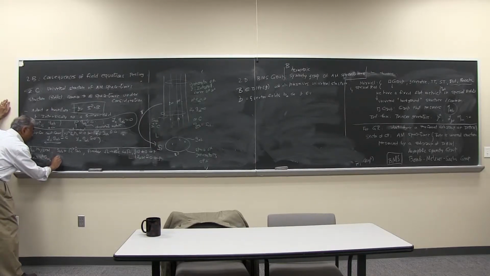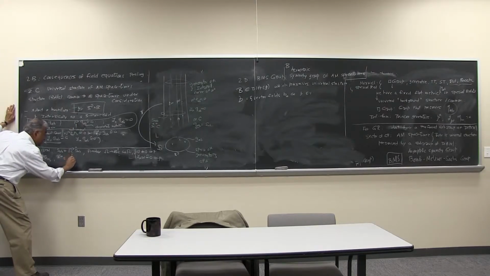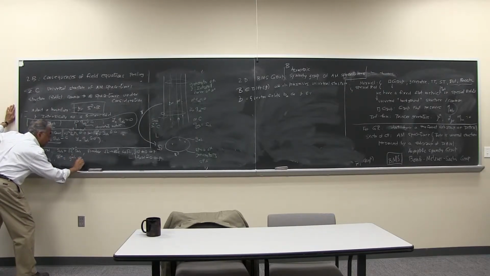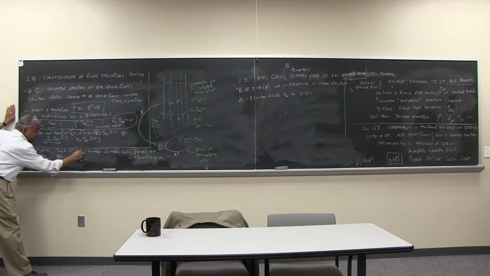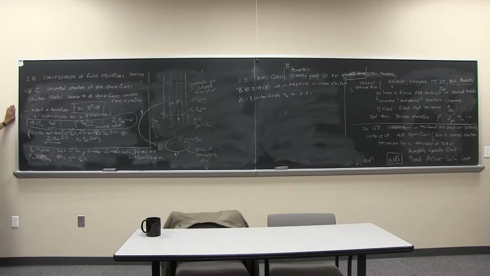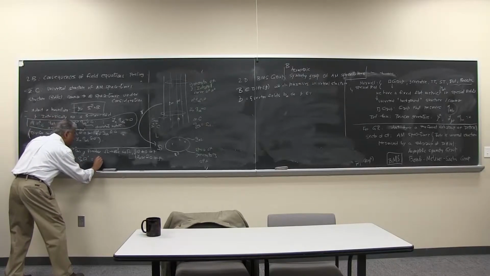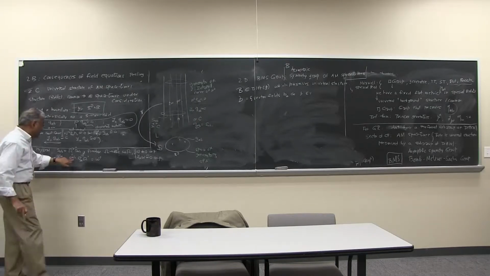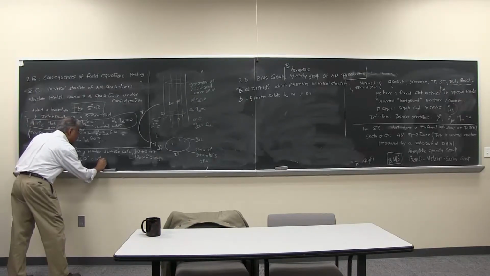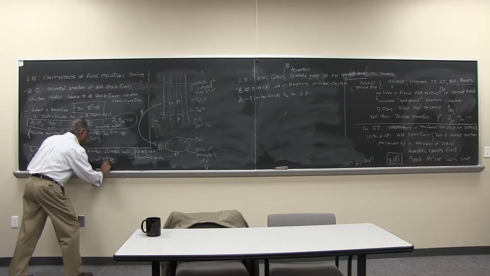And what about n prime? n prime A will be G prime AB times grad_B of omega prime. I should really write this as grad prime, but since it's a gradient, it doesn't matter which derivative operator I choose. And therefore, this object is just given by omega to the minus 2, since G downstairs is omega squared, times G_AB, grad_B of omega.